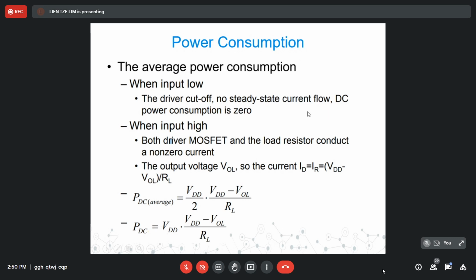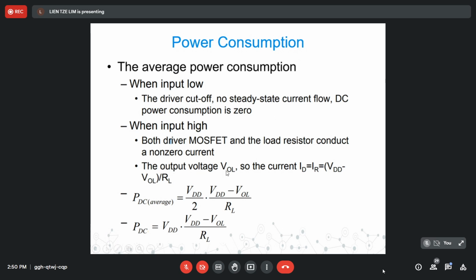When the input is low, the driver transistor is cut off. No steady state current flows, so there is no DC power consumption. When the input is high, both the driver MOSFET and the load resistor conduct a non-zero current.